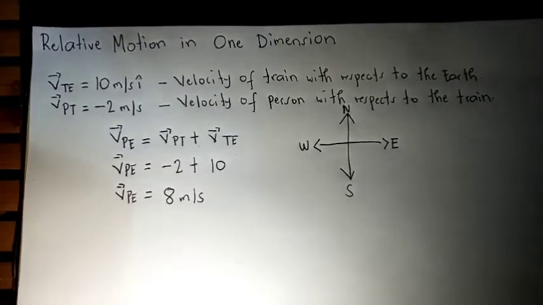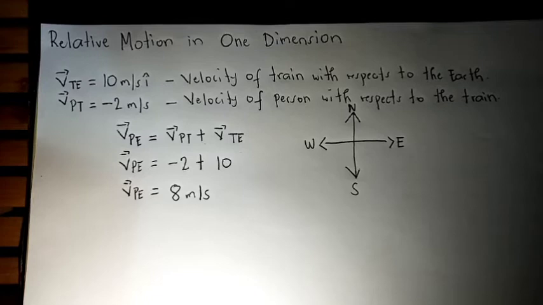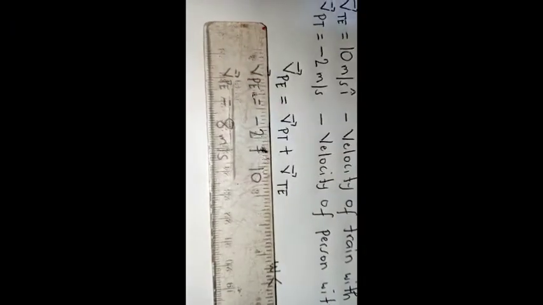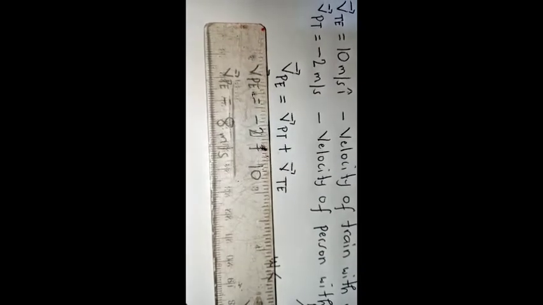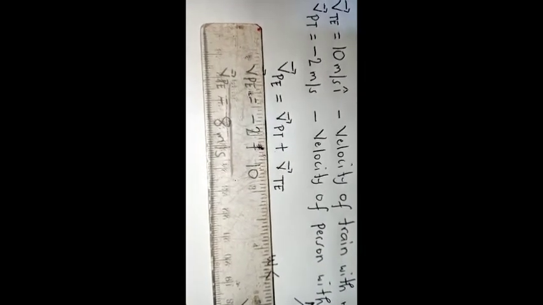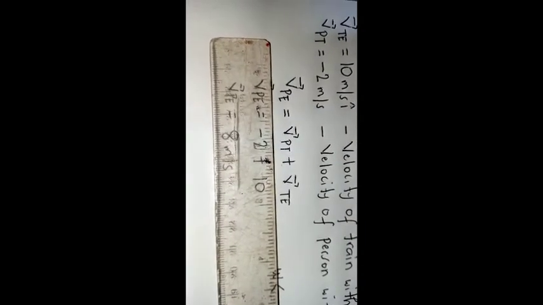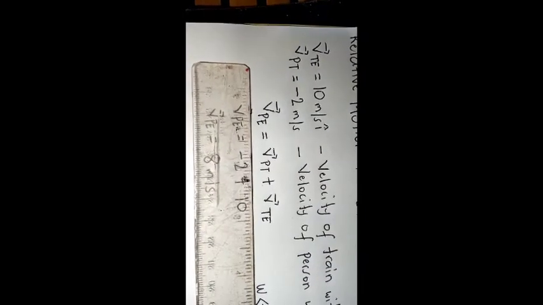Now let's continue on calculating the velocity of the person with respect to the earth. In order to get that value, we need to follow this formula: the velocity of the person with respect to the earth equals the velocity of the person with respect to the train plus the velocity of the train with respect to the earth.